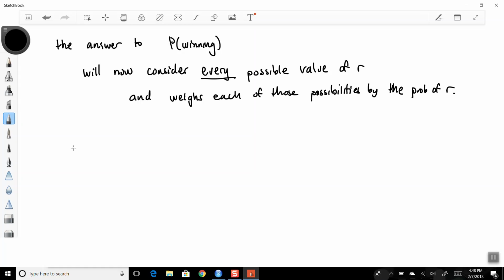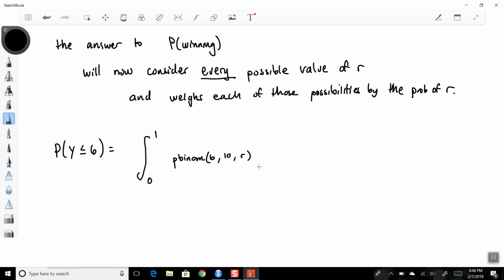So what we have now is the probability that y is less than or equal to 6 is equal to the integral from 0 to 1 of, for lack of a better way to express this, I'm going to just write pbinom(6, 10, R).